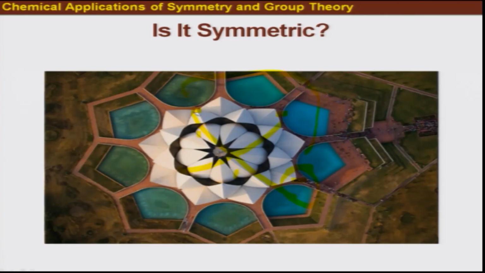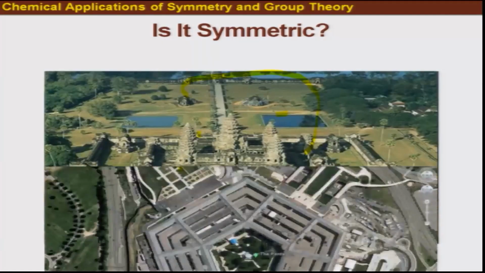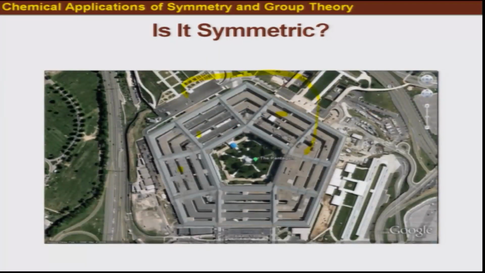So you can easily say that it's a very symmetric structure. Now let's look at some of the other structures. Here it also looks pretty symmetric. Here is a famous building, many of you know, this is called the Pentagon.